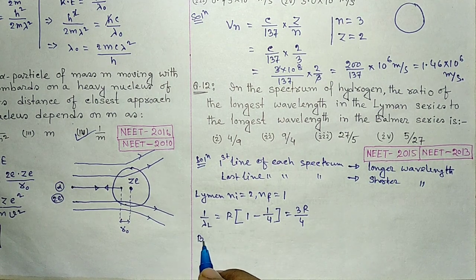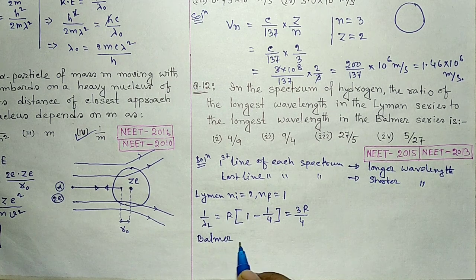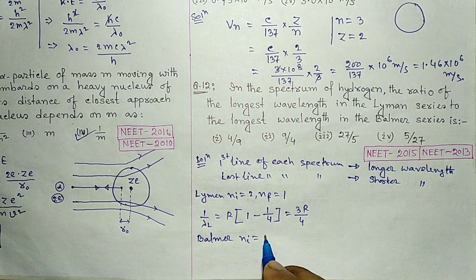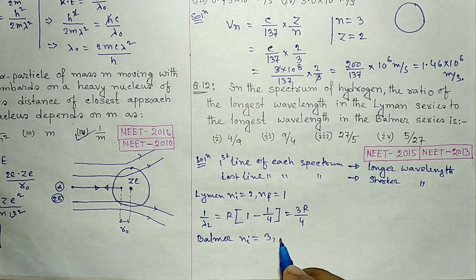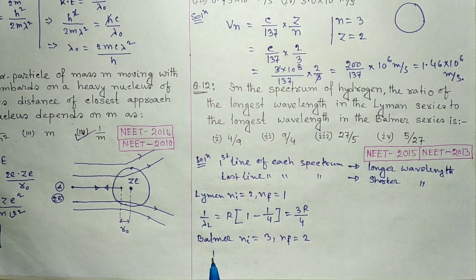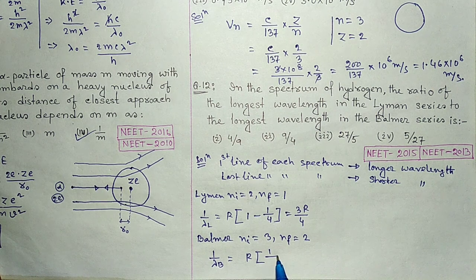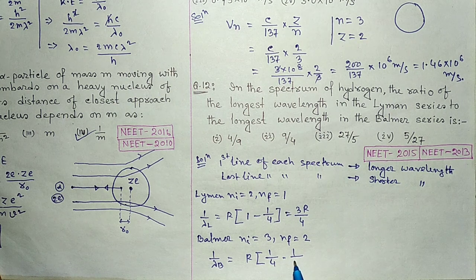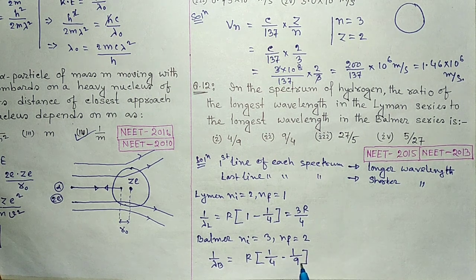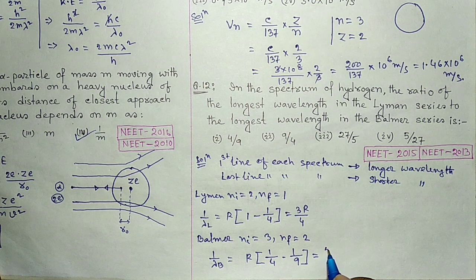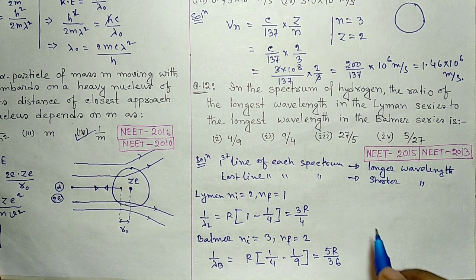For the Balmer series, Ni equals 3 and Nf equals 2. So 1 by lambda b equals R into 1 by 4 minus 1 by 9, which equals 5R by 36.